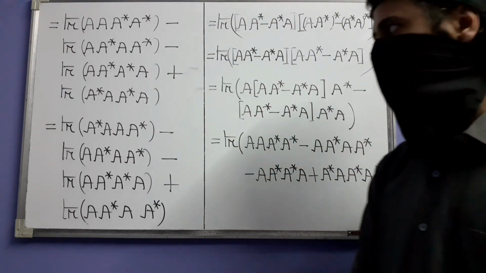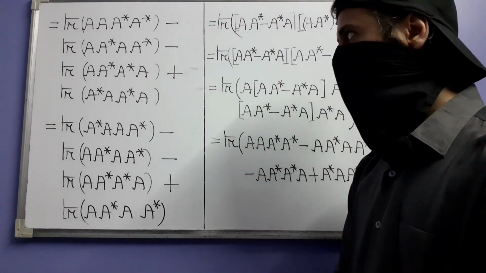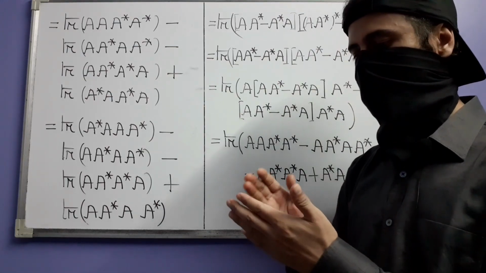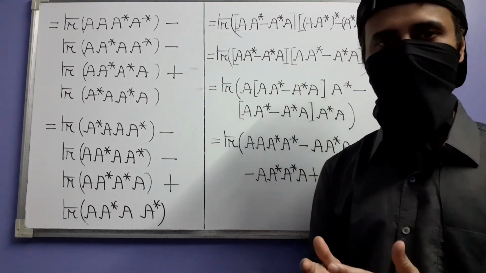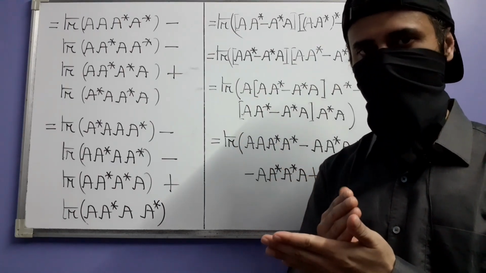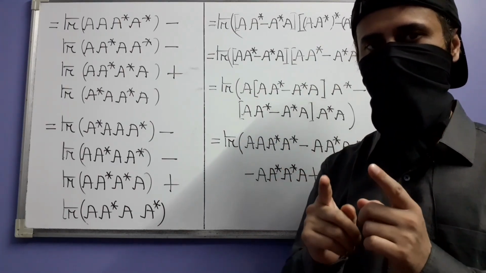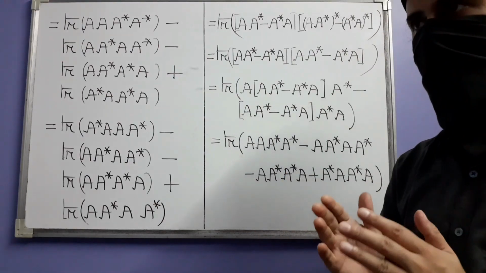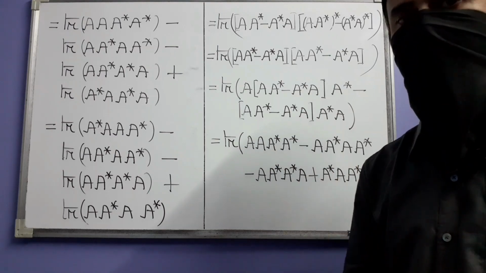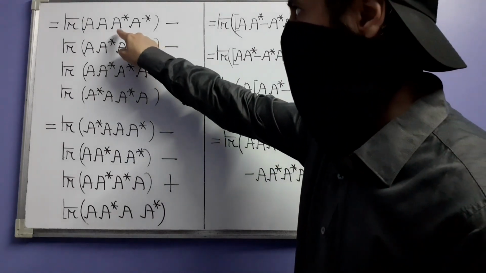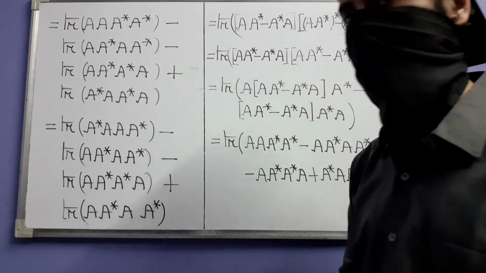All right. And then what do we do? Next we recall that property of trace which tells us that if A and B are two matrices, then trace of AB is equal to trace of BA. You can change the order of the product of two matrices inside trace. Not that AB is equal to BA, but their traces are equal. And we use that property here with this first product itself.